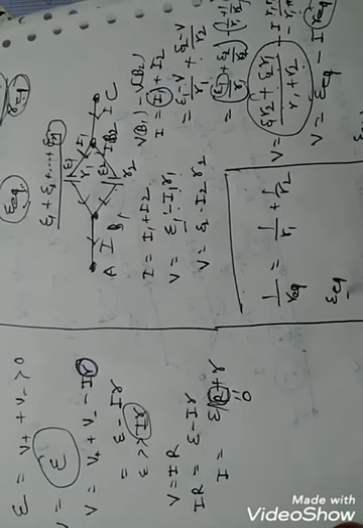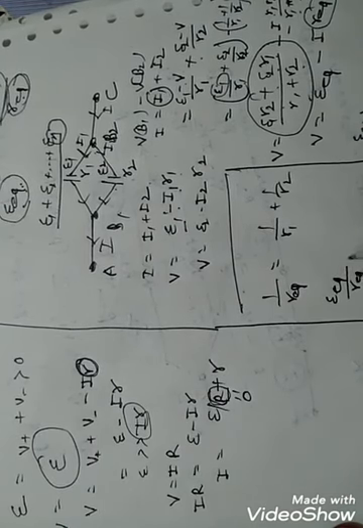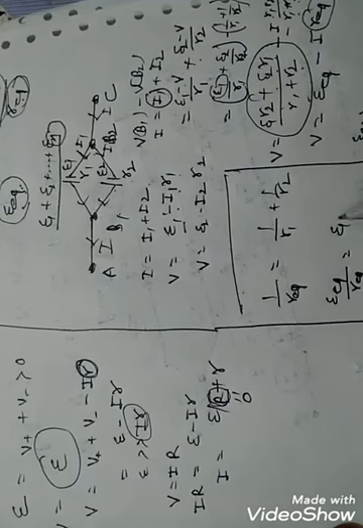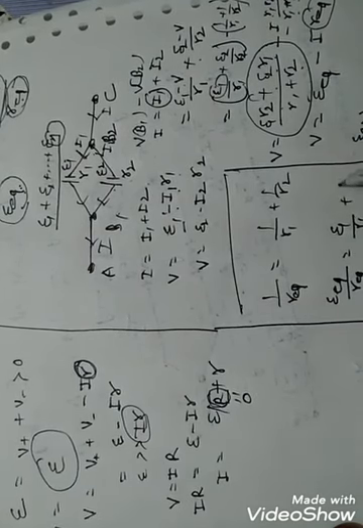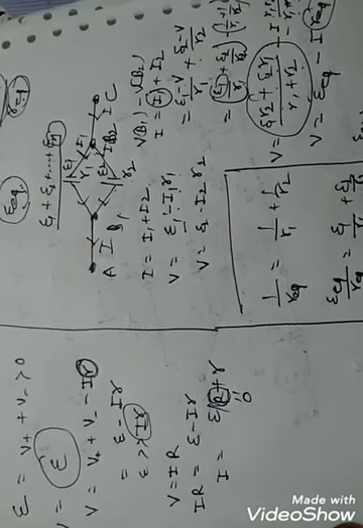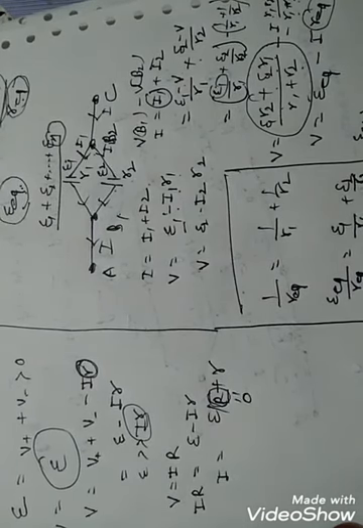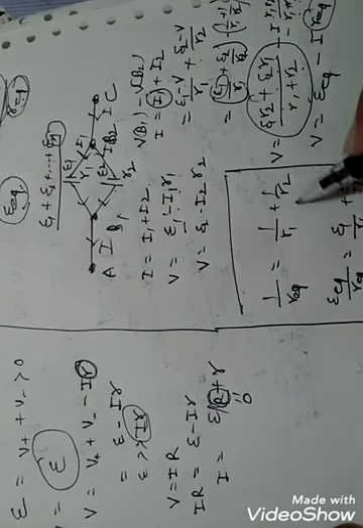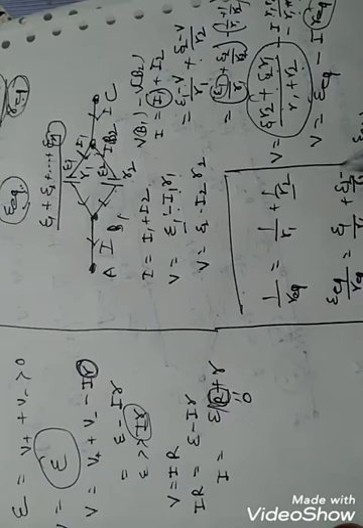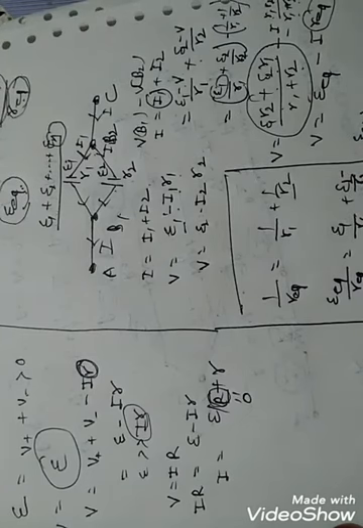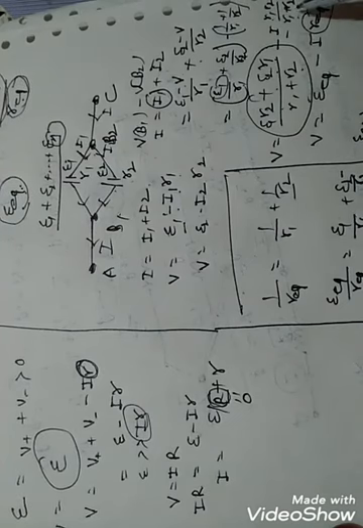Same for EMF: E equivalent upon R equivalent is equal to E1 upon R1 plus E2 upon R2. So in these equations for internal resistance, here we took only two cells.